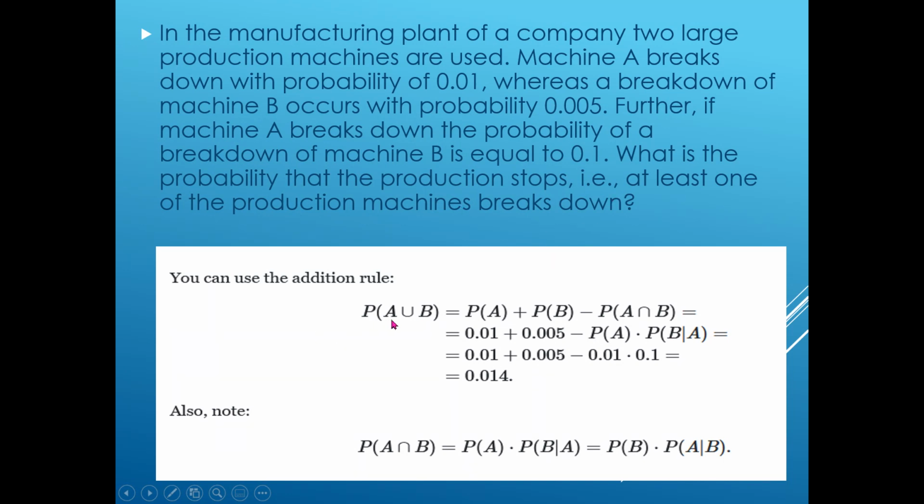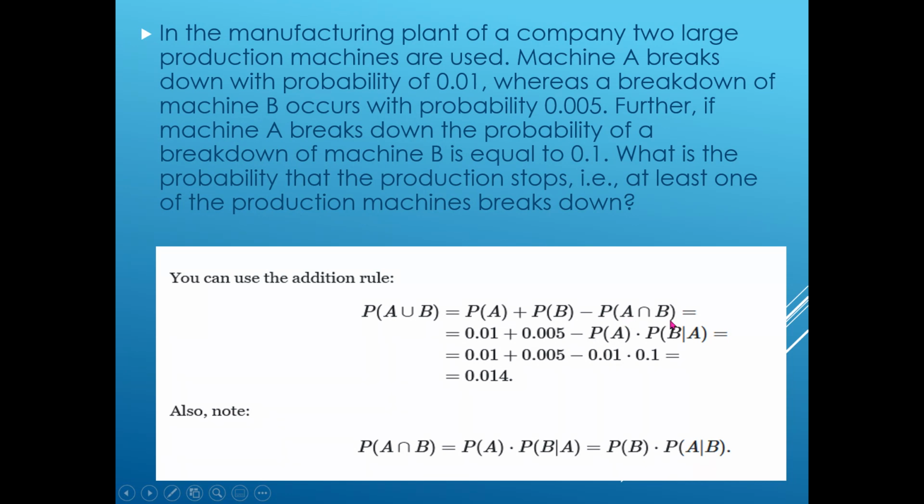So probability of A union B means either A breaks down or B breaks down. It is equal to probability of A plus probability of B minus probability of A and B, that is, A breaks down or B breaks down, minus that both break down. Probability of A breakdown is 0.01, B breakdown is 0.005. But when we find the probability of intersection, we have to be careful.